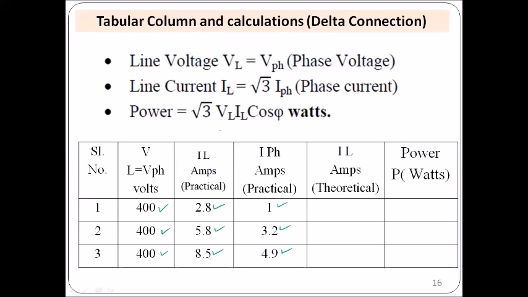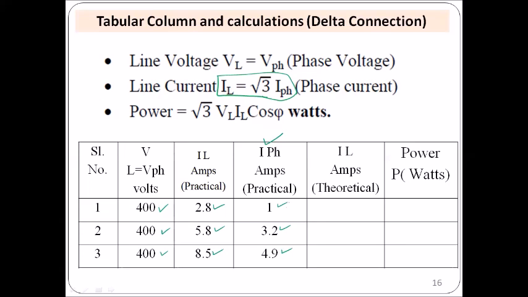Now if you look at the calculation, what we have to do is IL theoretical, that is line current, the theoretical calculations. Theoretical means we have to use the formula. That is what we always have to understand. So now we have to use this formula, that is IL is equal to root 3 I phase, and I phase is already available to us. That is, this column is available.